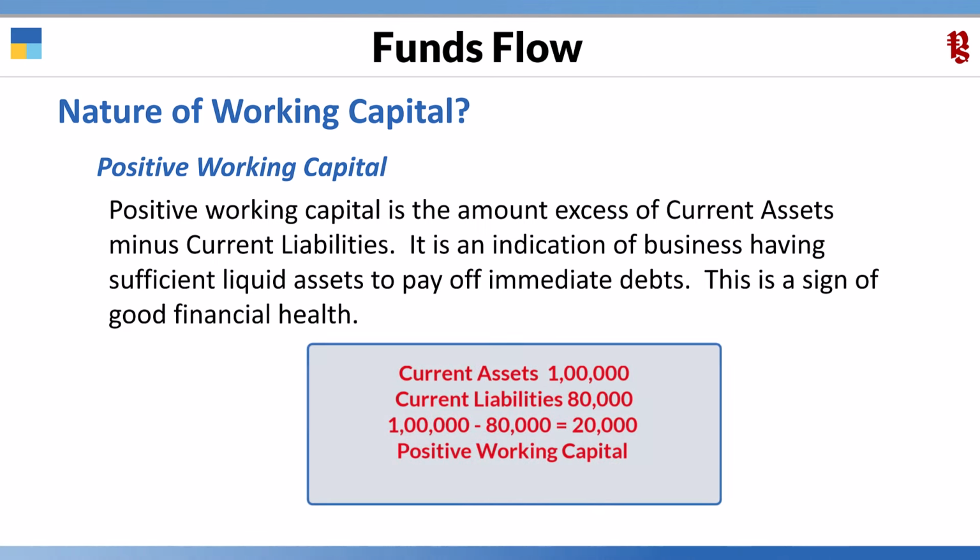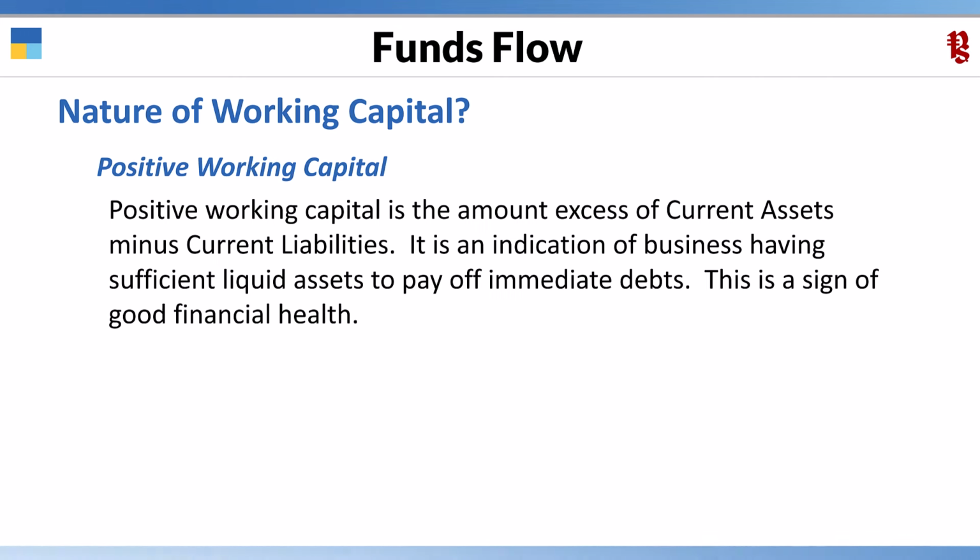If your current asset total is 1 lakh and your current liability total is 80,000 rupees, so current asset 1 lakh minus current liability 80,000, the difference is 20,000, which is positive, which means you have more assets than your liabilities at the current period. Now this 20,000 is basically determined as positive working capital, which the company can use in their business operations.